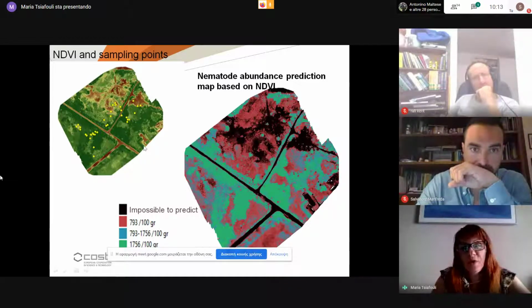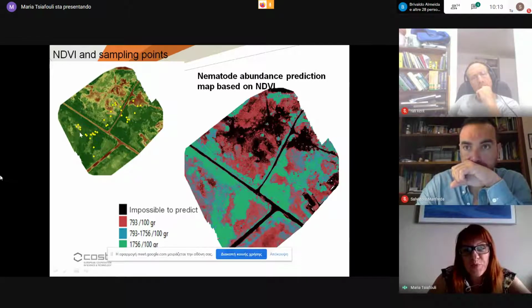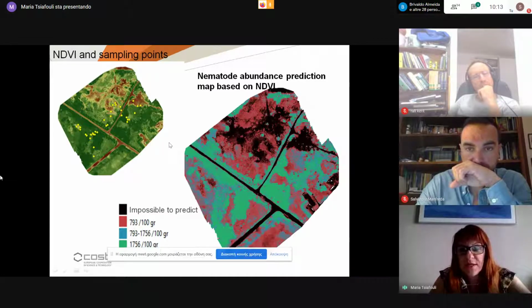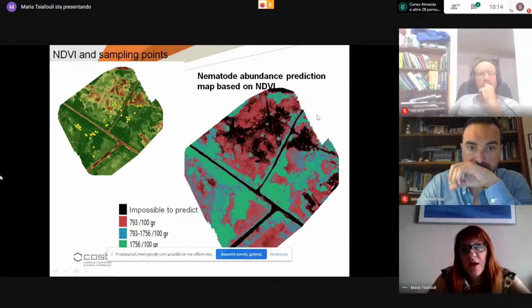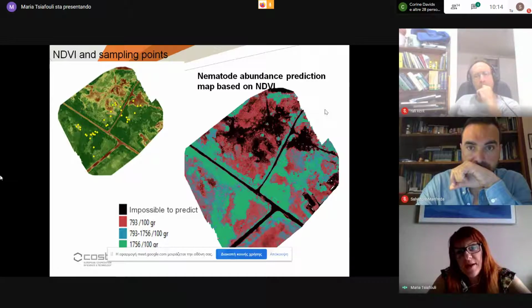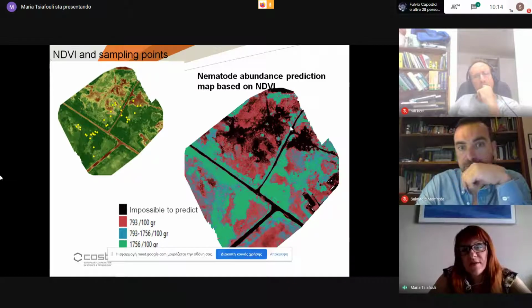Before this work, we knew the abundances only in these spots. By using the UAV data, we now provide a map where we have calculated the ranges of nematode abundances in the entire area.